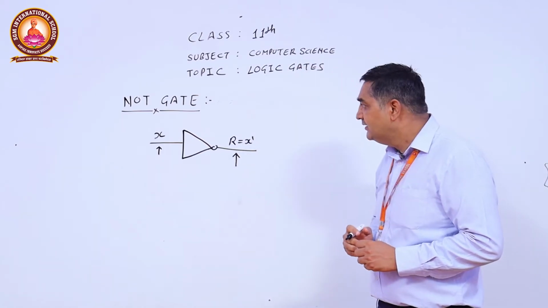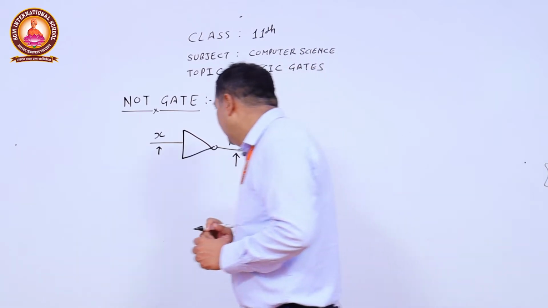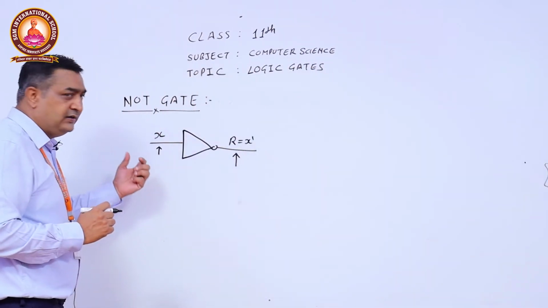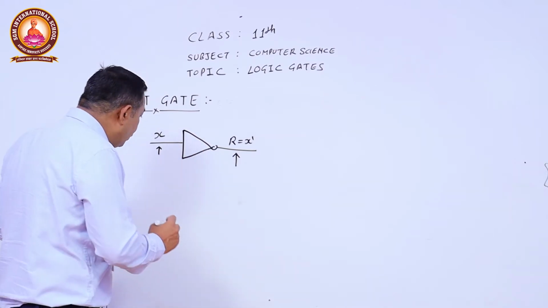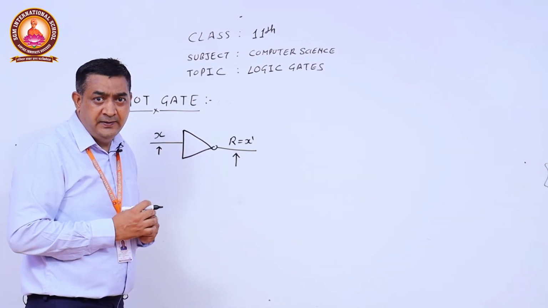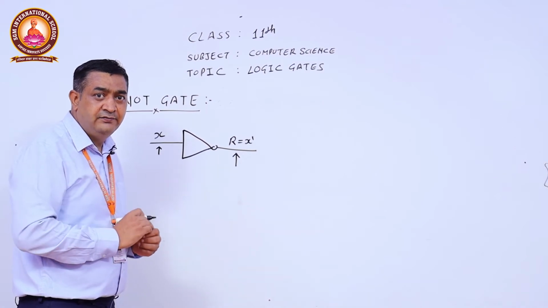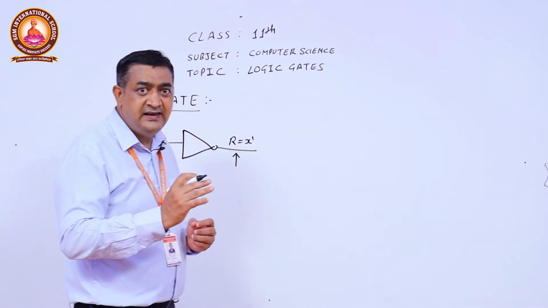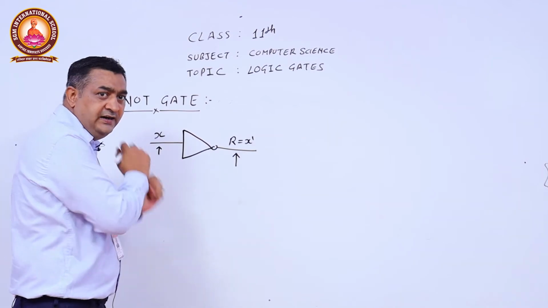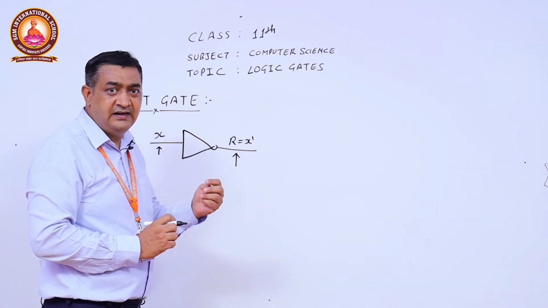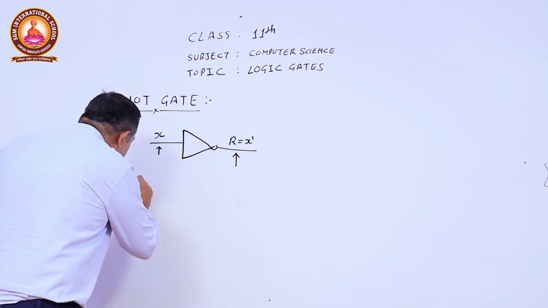Let us understand the functionality of the NOT gate by the truth table. This is a gate which requires only one input. So how to draw a truth table? In the truth table there are two sides. First is the input side and second is the output side. All the input variables are written in the input side. All the output variables are written in the output side.